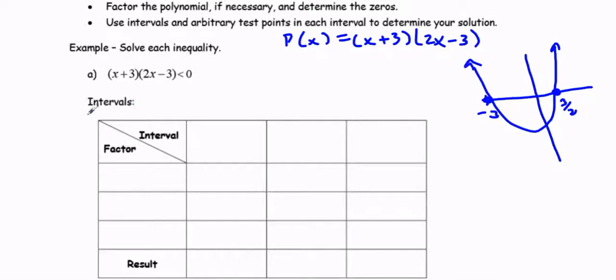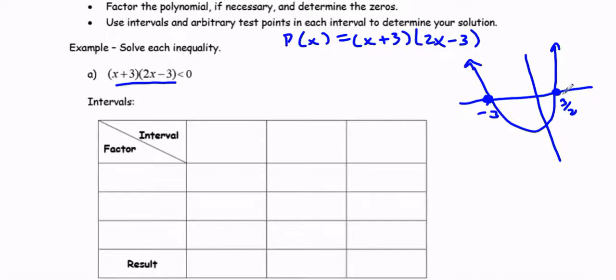And so what this is saying is this polynomial has to be less than 0. And if we look at our graph and we start going from left to right as per usual, where is this graph less than 0? Where are my y's less than 0? Well, as we move along from negative infinity to the first 0, we can see that our graph is always above the x-axis, which means it's positive.